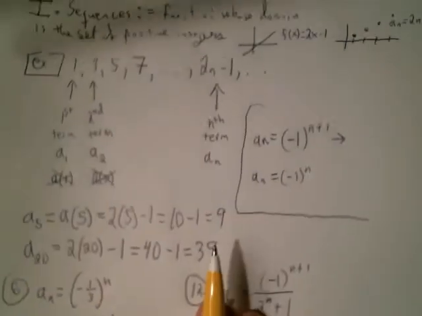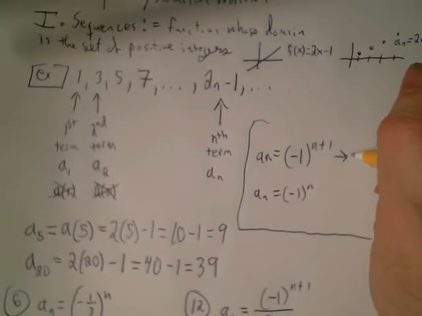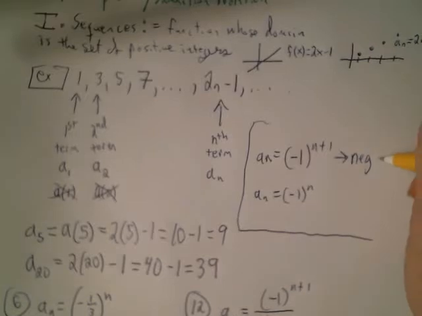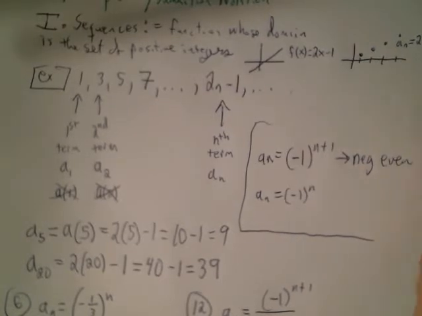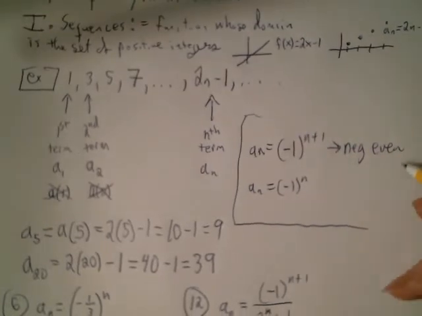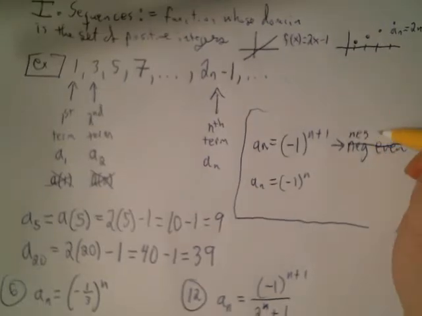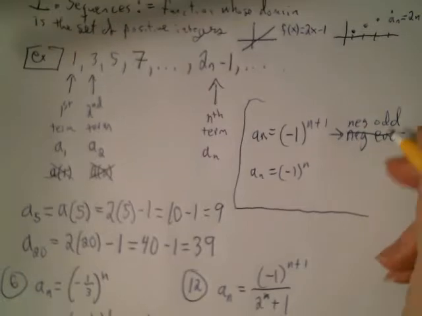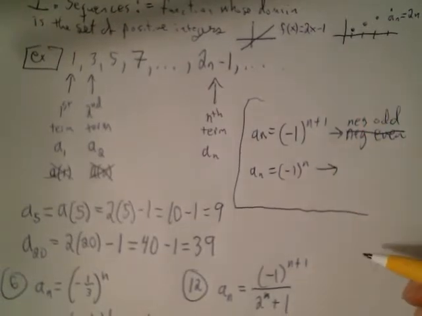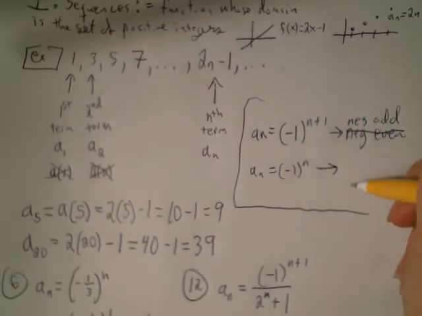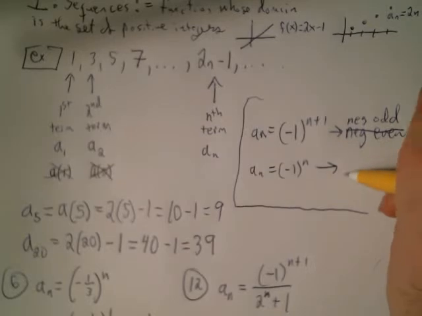So this causes negative odd terms. And this causes the evens to be negative.